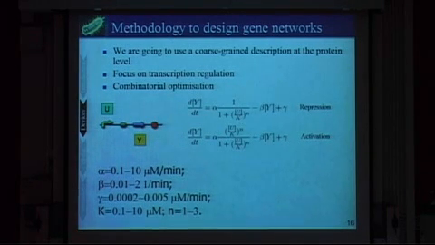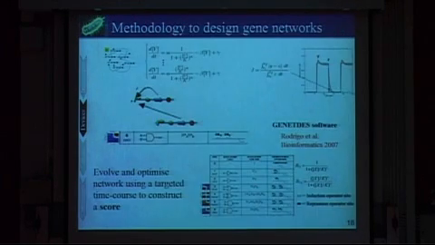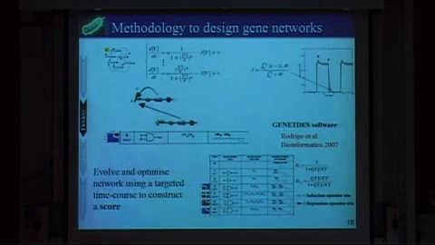We also use some parameters and make changes either in the topology or in the parameters according to a set of probabilities. Then we start our circuits from a random conformation and evolve them toward something with a better fitness, and now I'm going to tell you what the fitness is.